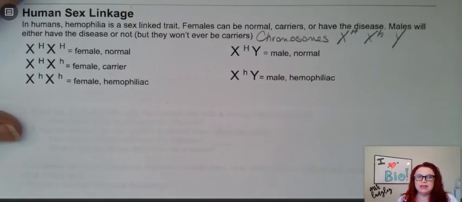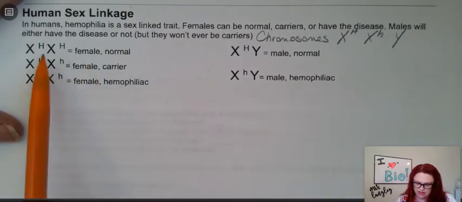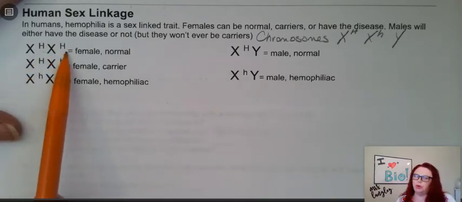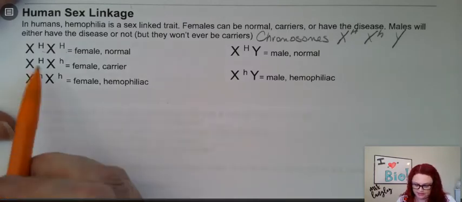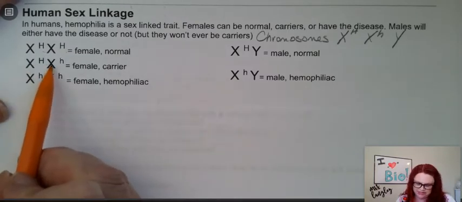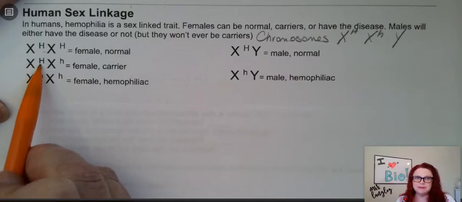Now, the genotypes that we could have is a capital H and a capital H, both on our X's, and we call this a normal female. Normal meaning they don't have hemophilia. The next one is 2 X's, one with a capital H, one with a lowercase. This is female because there's the 2 X's, but this one does not have the disease because they have 1 capital H. That means it's dominant.